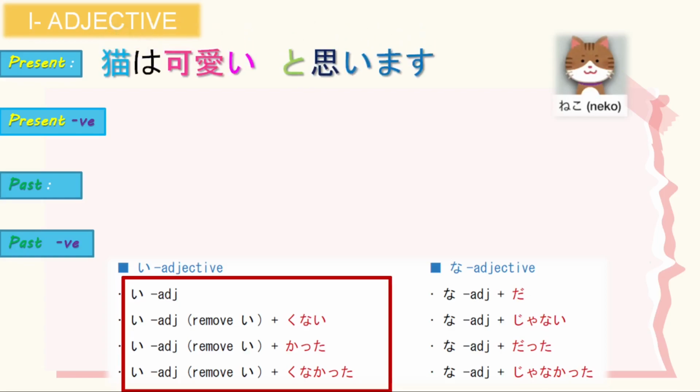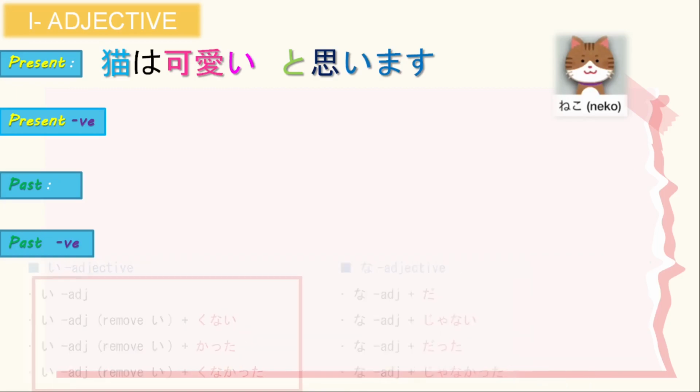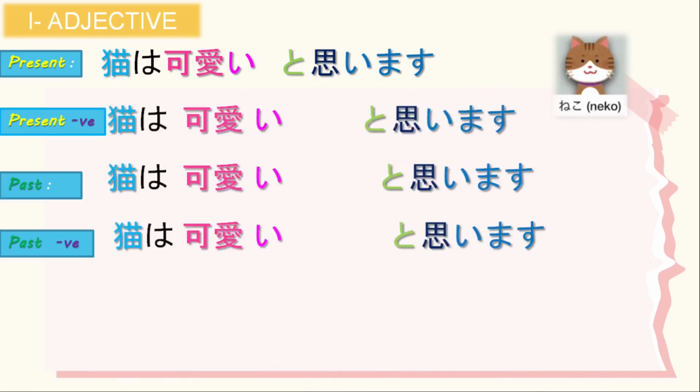So the statement was, I think cats are cute. 猫は可愛いと思います. Right? What will 可愛い become in the present negative tense? I'm just focusing on 可愛い. The rest of the sentence is going to be the same.